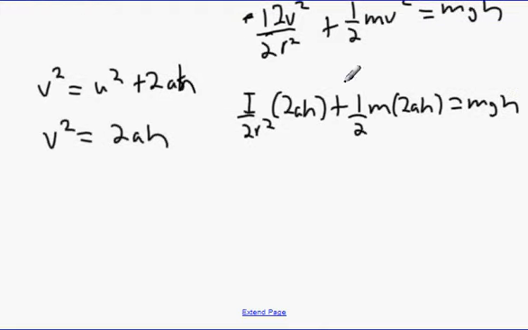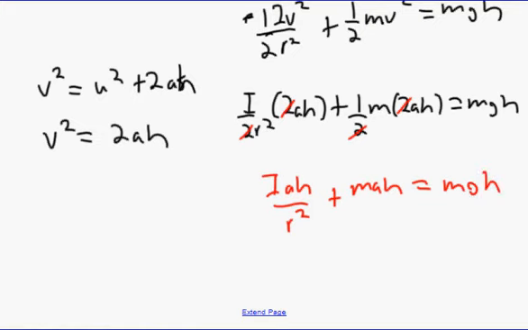The 2's will cancel, and what we're going to get next is I a h all over r squared plus m a h equals mgh. Now the h's are going to cancel.